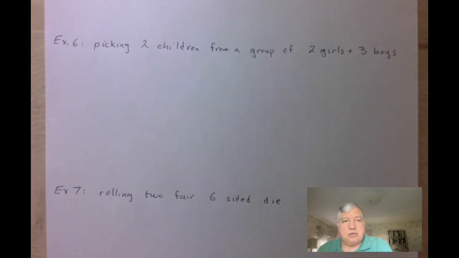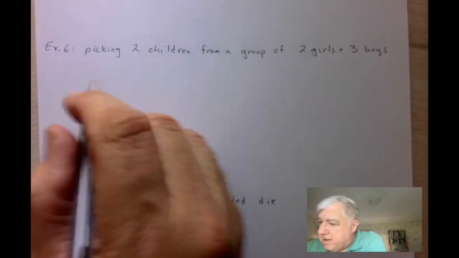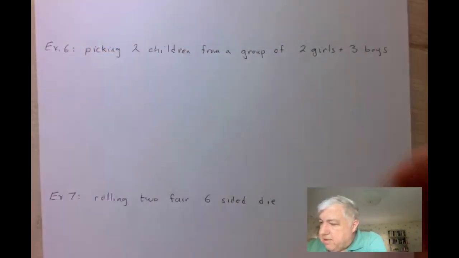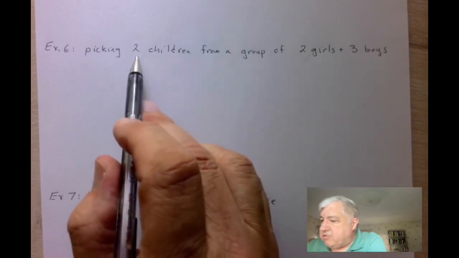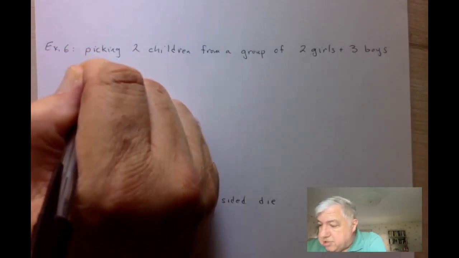If we are picking 2 children from a group of 2 girls and 3 boys, obviously we're going to assume the girls are distinct and the boys are distinct. What would be the outcomes? Well, let's just write these out. If we pick 2 children, there's only one case where we get both girls, so G1 and G2.